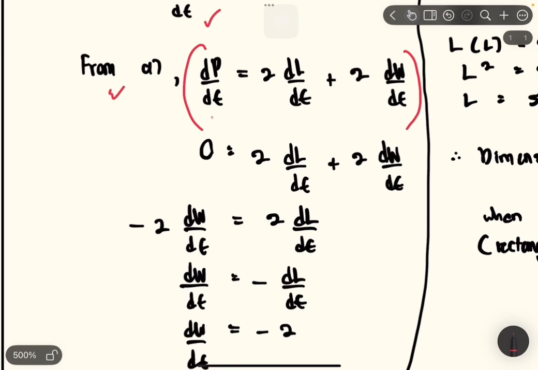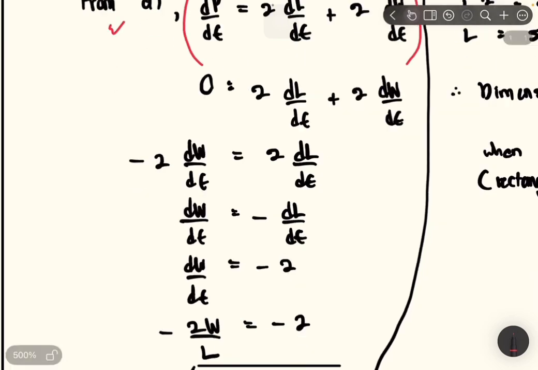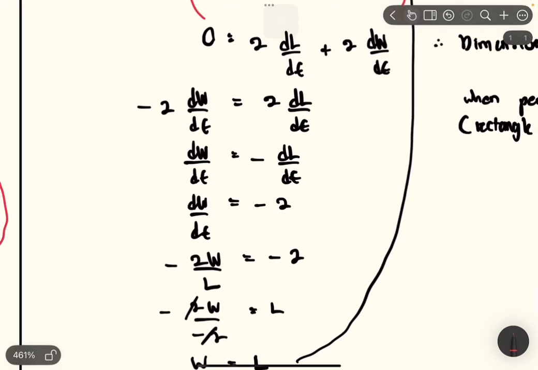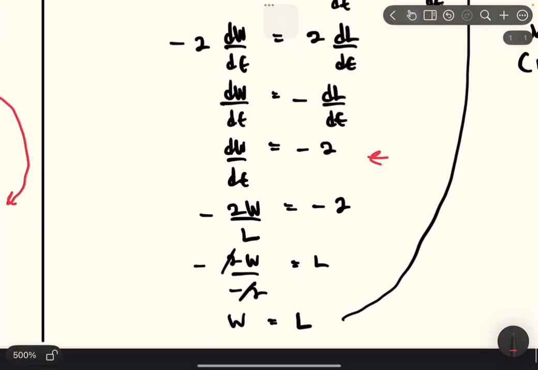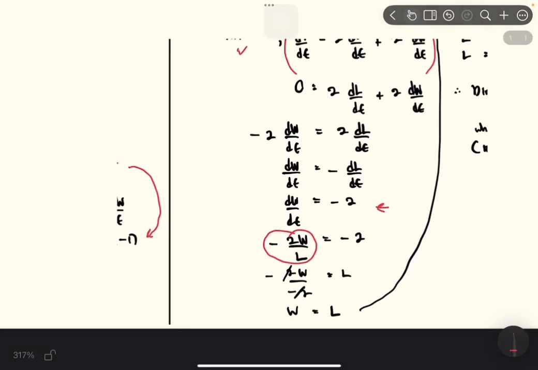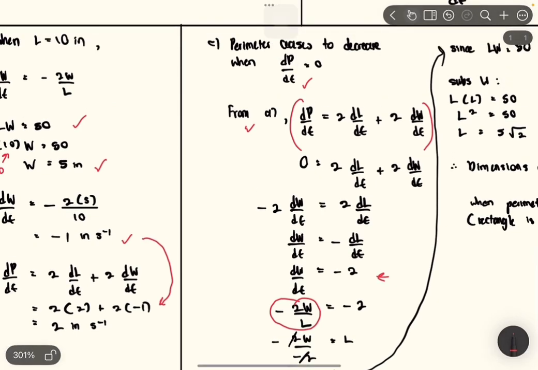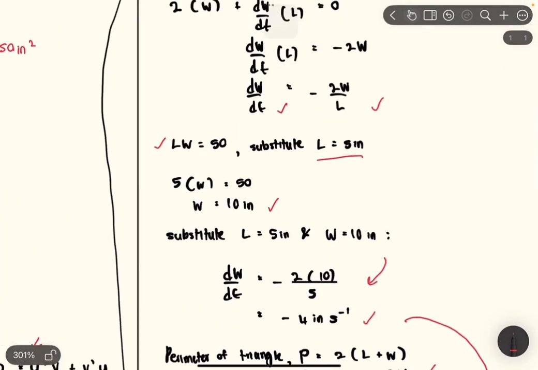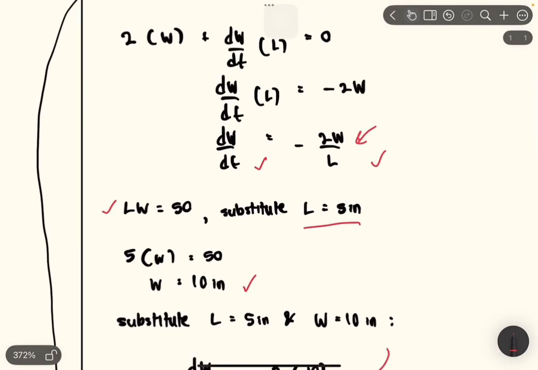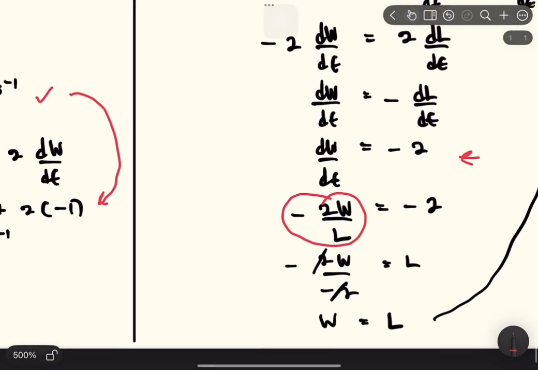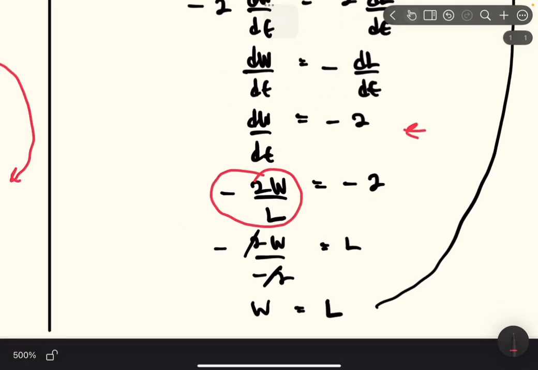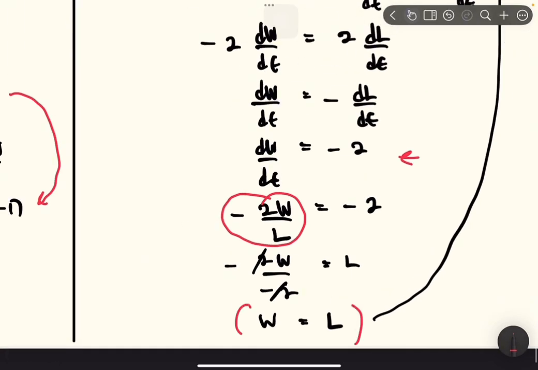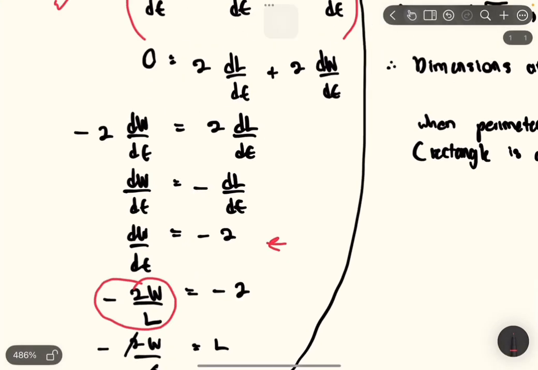We substitute in dP over dt equals 0, and again make dW over dt the subject, and substitute this, which we have also obtained from this equation. So dW over dt equals negative 2W over L, and then we rearrange until we conclude that W, our width, equals our length.